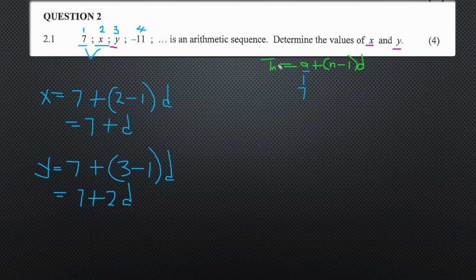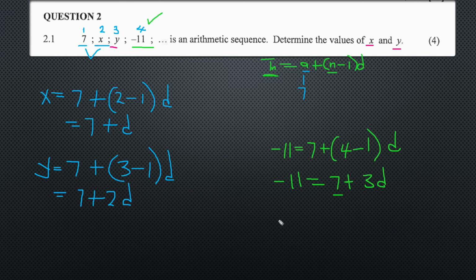Another thing is that we have negative 11 at position number 4. So I can say that I have my Tn, which is negative 11, equals 7, plus (position 4 minus 1) times d. We don't know d, that's what we are looking for. So negative 11 equals 7 plus 3d.